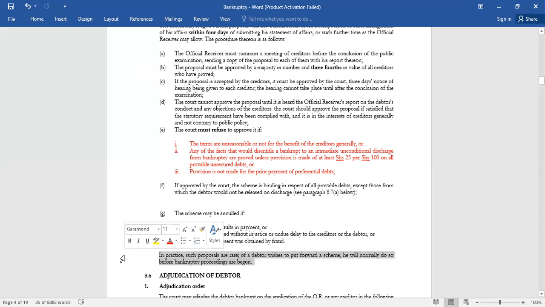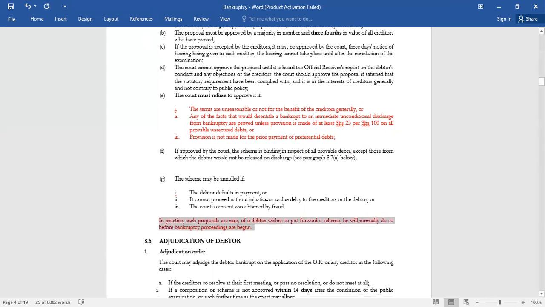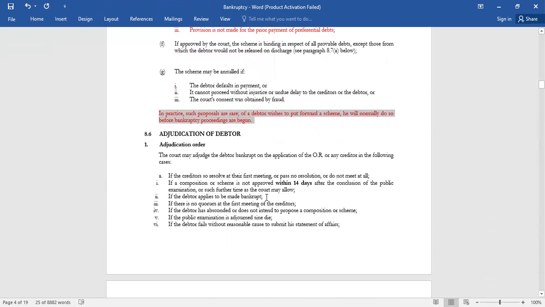The statement is down there. So they'll normally do so before they are declared bankrupt. So no one will wait until they are declared bankrupt. They'll make sure that they redeem themselves before they are taken to the court of law to be declared, or before the confirmation that they are indeed bankrupt.